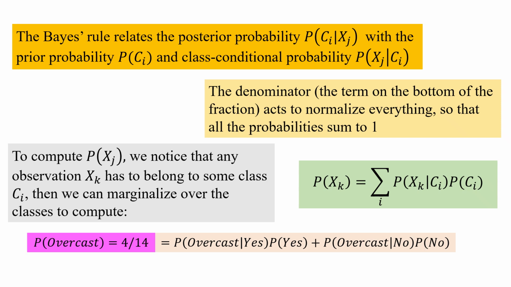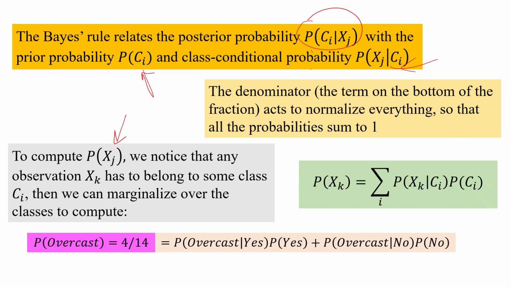So the Bayes rule relates the posterior probability, P(Ci given X), with the prior probability and class conditional probability. And the denominator in the bottom of this Bayes rule formula is for normalizing.